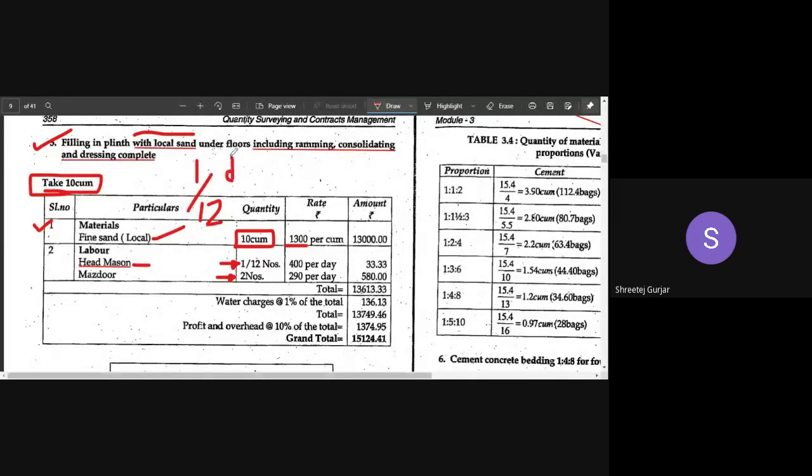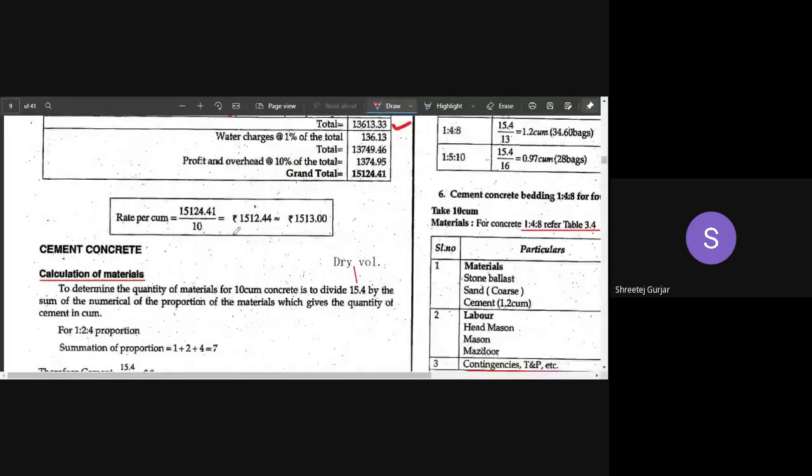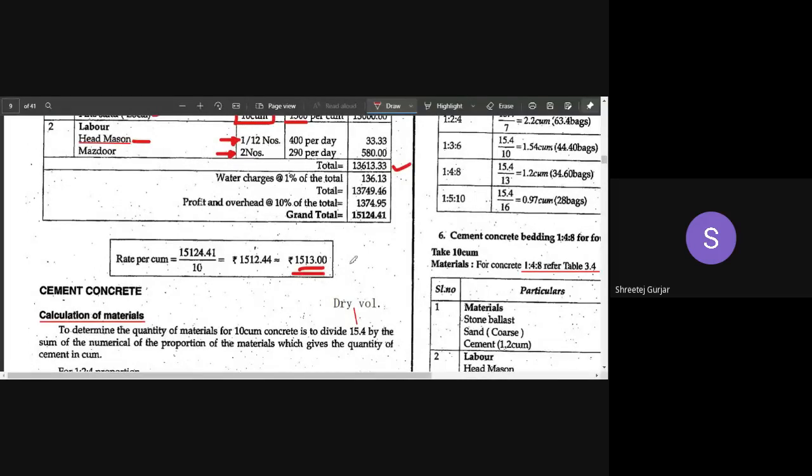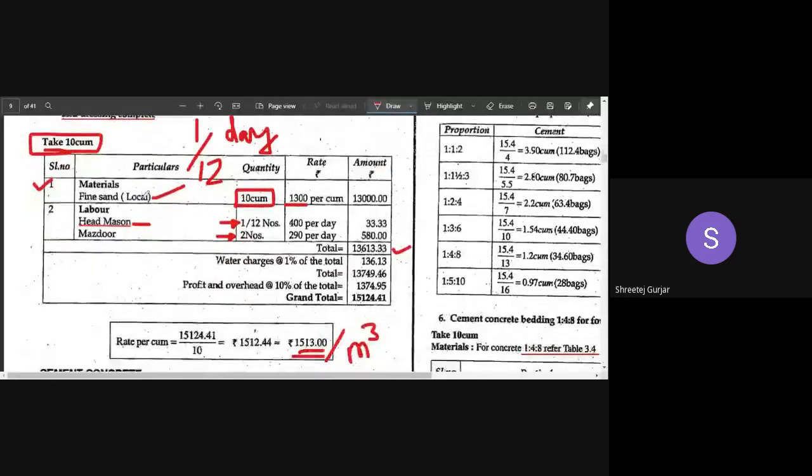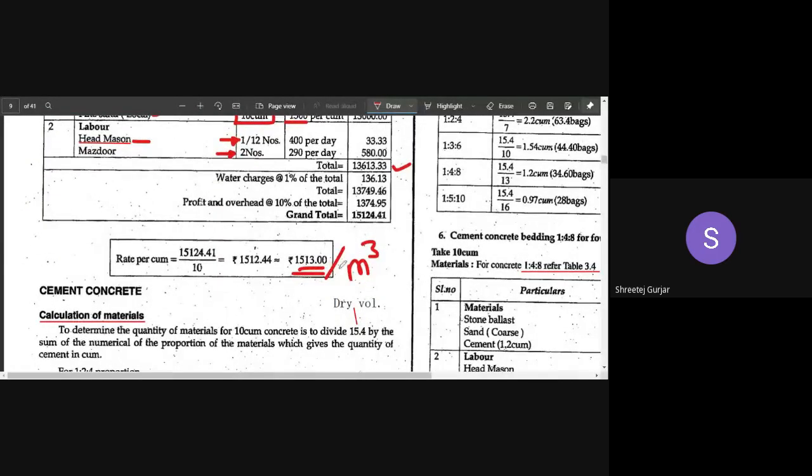Then you multiply that by their daily wages, get the total, and then arrive at the rate. You can see it is 1513 rupees per meter cube for plinth filling using local sand. This is the particular rate.